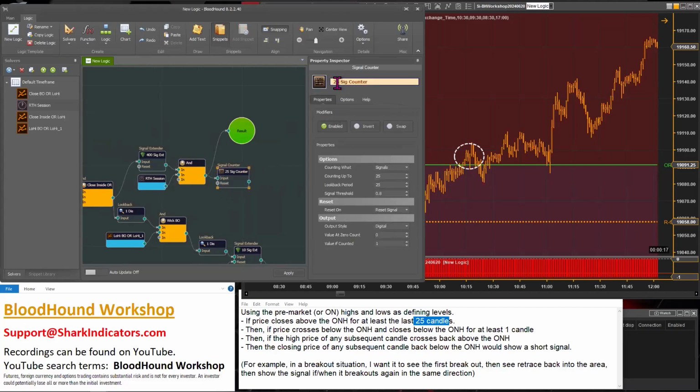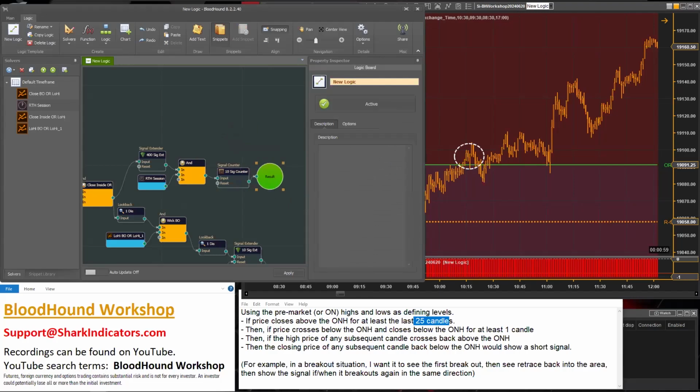And I don't know, maybe 25 bars is a bit excessive. So let's just say 10 bars. So knock it all down to 10 bars, like so. And let's take a look at that.